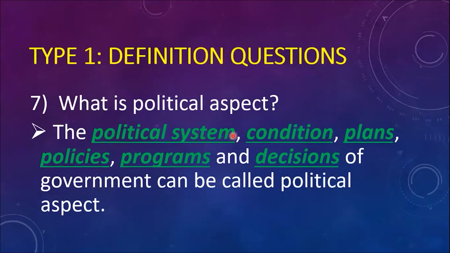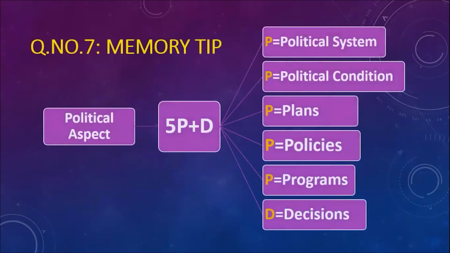Let's go to 7th number. What is political aspect? So the political system, condition, plans, policies, programs and decisions of government can be called political aspect. Here you can see the underlined words: political system, political condition, plans, policies, programs, decisions. Now by taking this, you can have the memory tip. Look here.